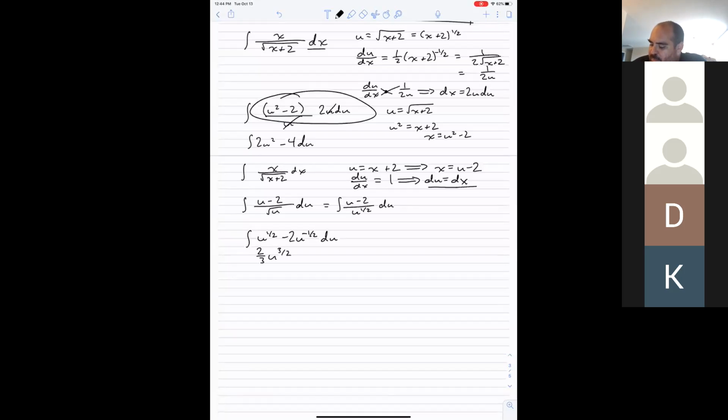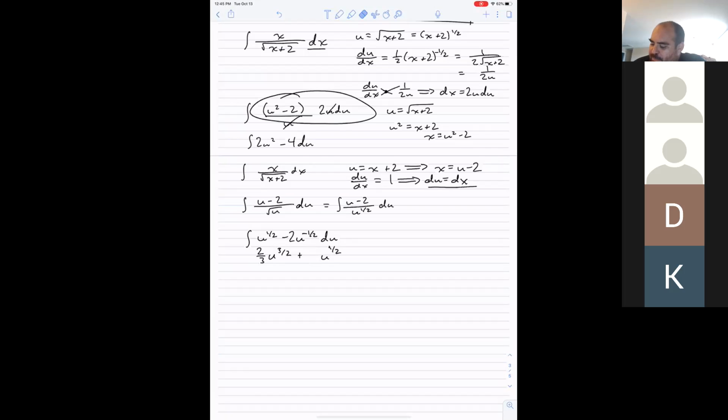And how about the other term? How about that?